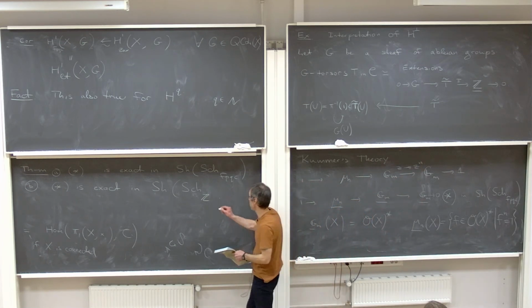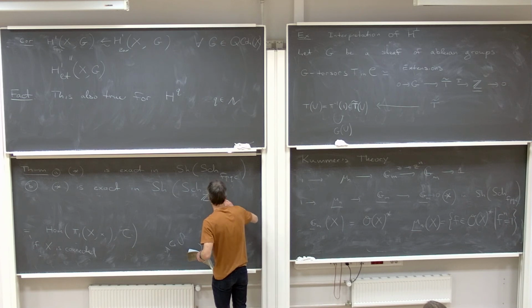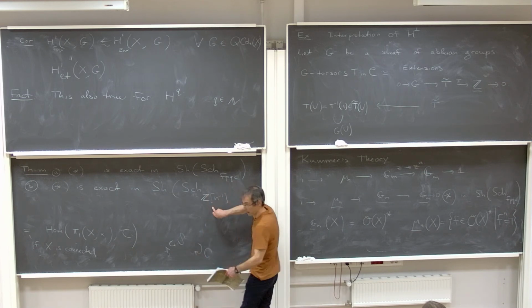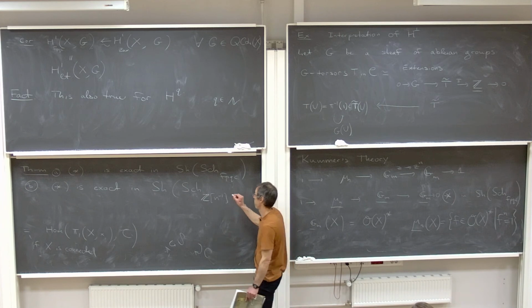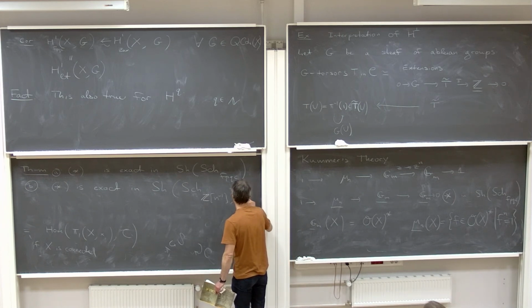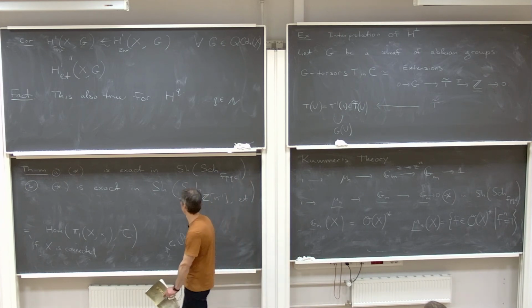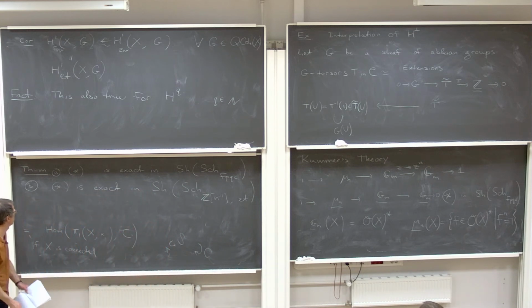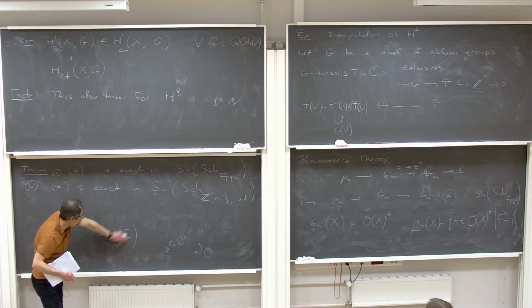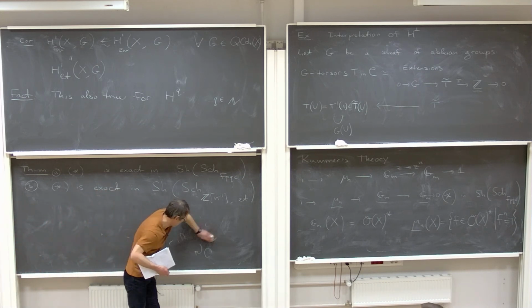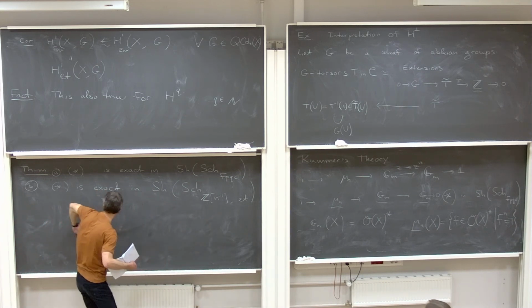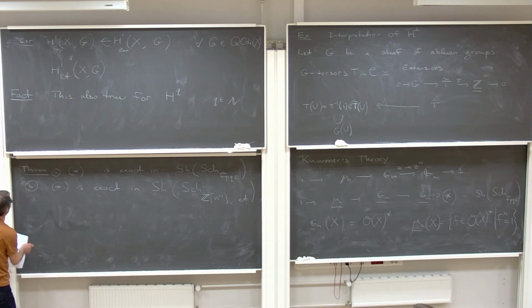So I look at schemes over Z with n inverse adjoined, right? That's a subring of Q, for the étale topology. Now let me finish by proving this. Proof: well, I will prove B. The proof of A is easier, you'll see.